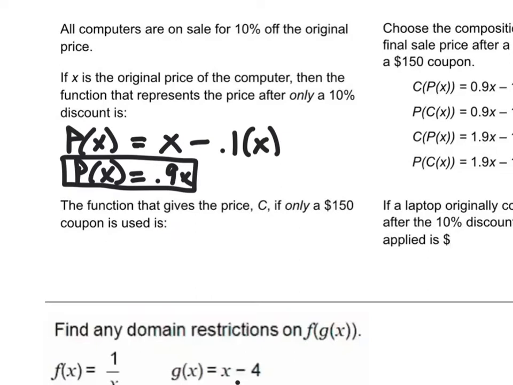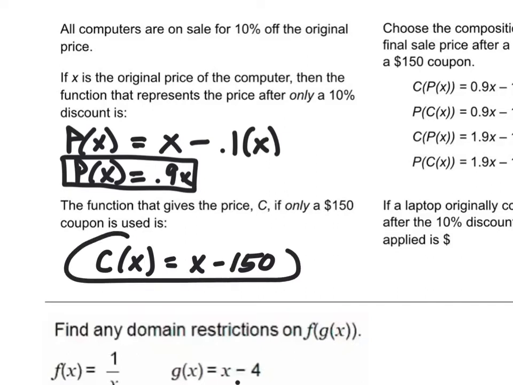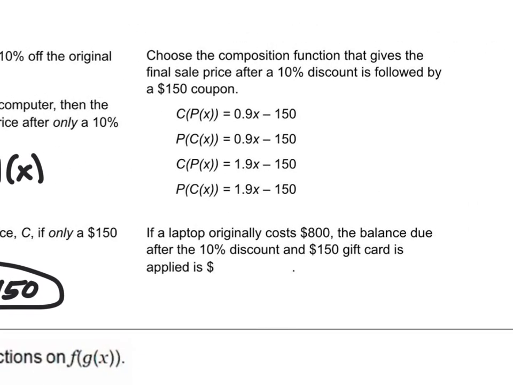So if you have this other function C to represent the cost using the coupon, that would mean that you were doing X, the price, and then just minus $150 on that coupon, okay? So what I've done is I've created two functions, a function for a 10% discount and a function for the coupon. So what if you have a 10% discount followed by a $150 coupon, okay?